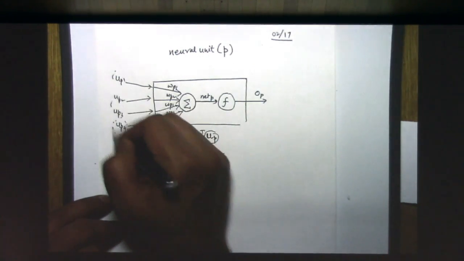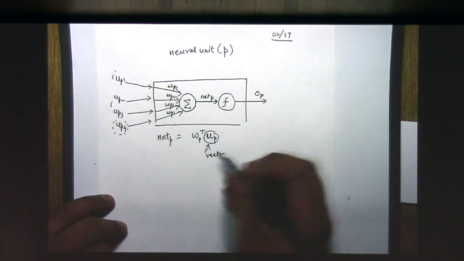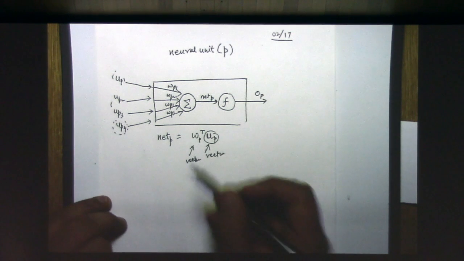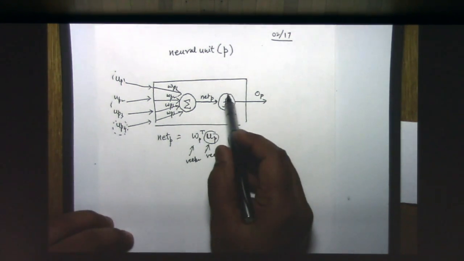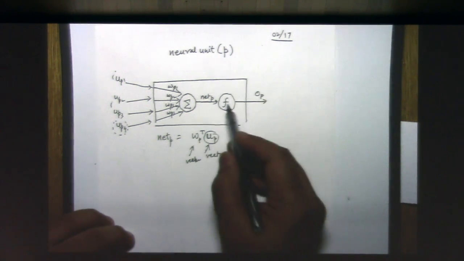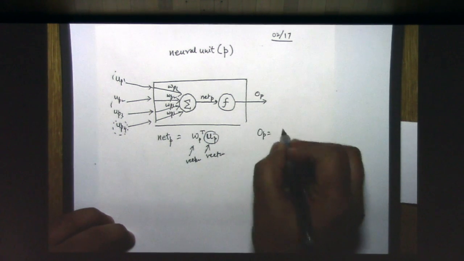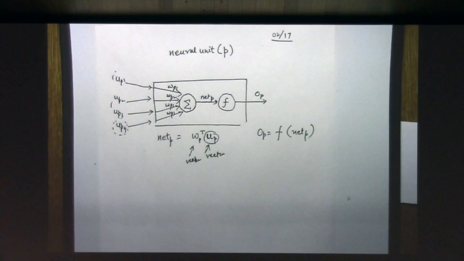Together, all of these could be treated as a vector, and W_P is a weight vector, and the output net P is a scalar that is an inner product of these two vectors. And then there is another function F which gets applied on this net P, and O_P is essentially the output of that function.